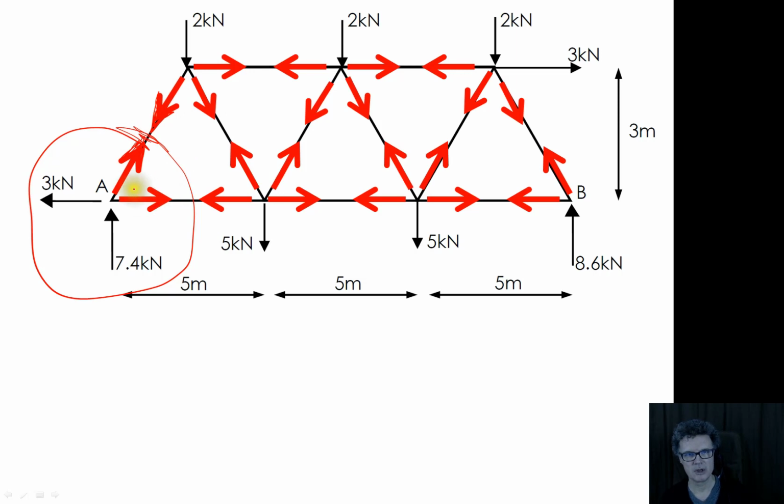Okay, so we've now got these two forces here, which are the external forces. We're going to do this method of joints thing where we're cutting through those members, and then we're going to be exposing these things here, which are the internal forces that are being applied at this joint A.